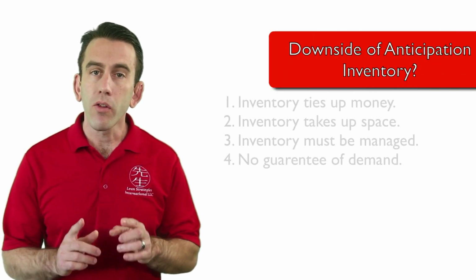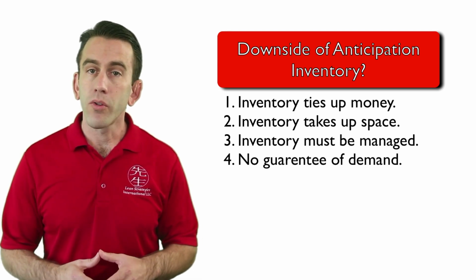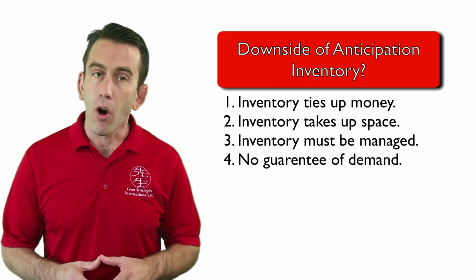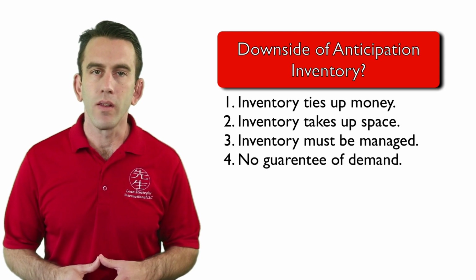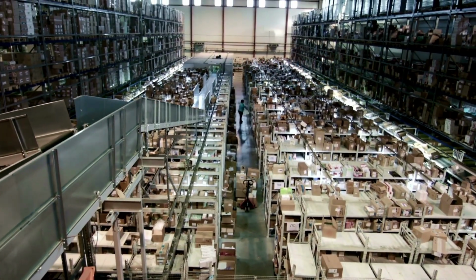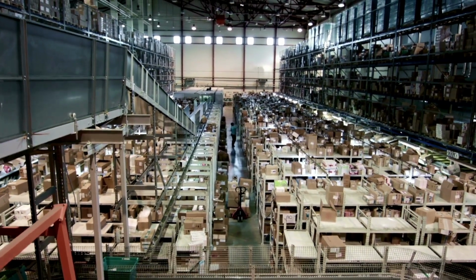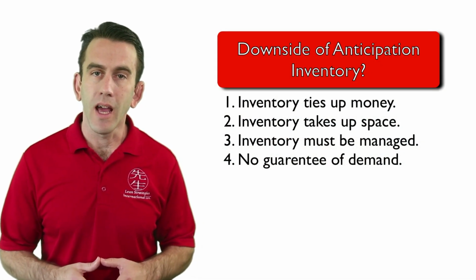While preparing for sales and hedging against price hikes might be a selling point for anticipation inventory, we must also consider the downsides too. First and foremost, carrying inventory costs a business money, so the business must always weigh inventory costs with other financial considerations. In addition to the purchase cost of the inventory, there are storage costs and possibly the costs of setting up needed equipment to handle the inventory you have on hand.